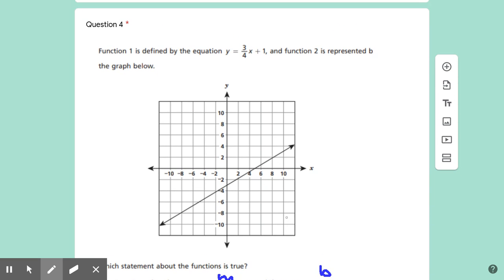Hint number 1. It says function 1 is defined by the equation. So function 1 is this equation right here, right? That's function 1.